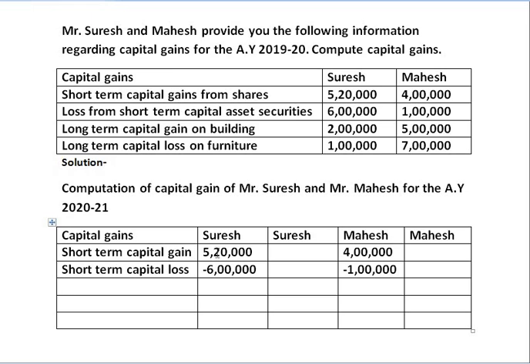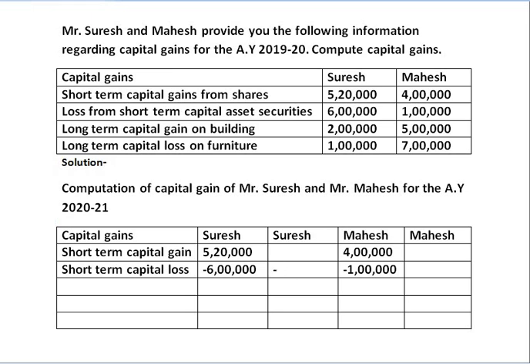Next, short term capital loss has to be set off with the short term capital gain first, and if any balance of loss still remains, it has to be taken for inter head set off. Now here we can see in case of Suresh, the short term capital loss is 6 lakh wherein short term capital gain is 5,20,000. So 6 lakh minus 5,20,000, we still get a negative figure of rupees 80,000.